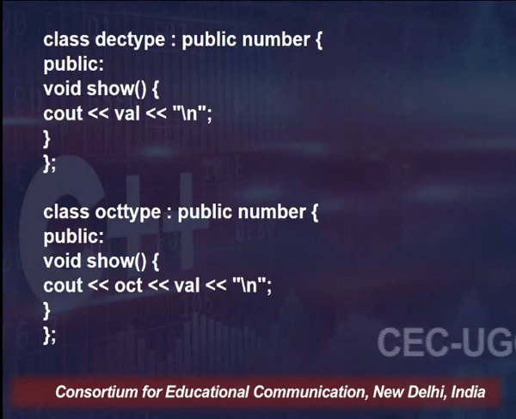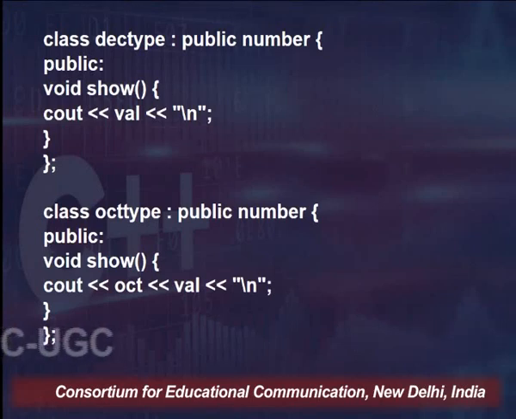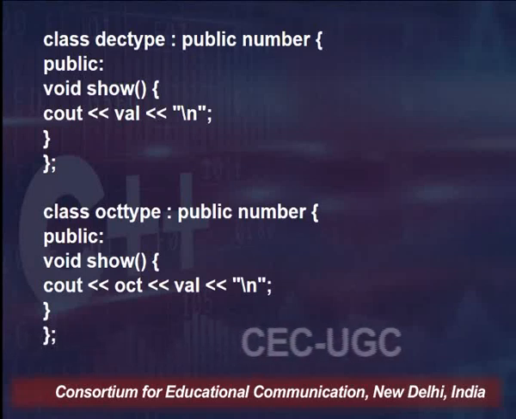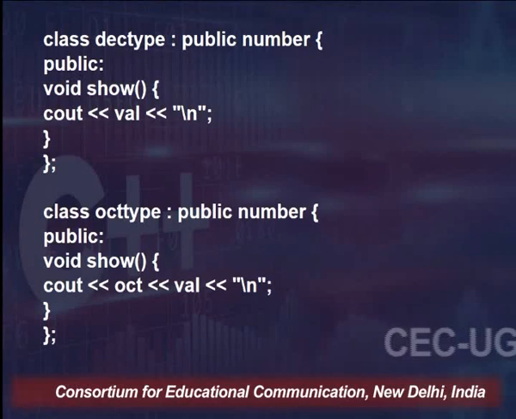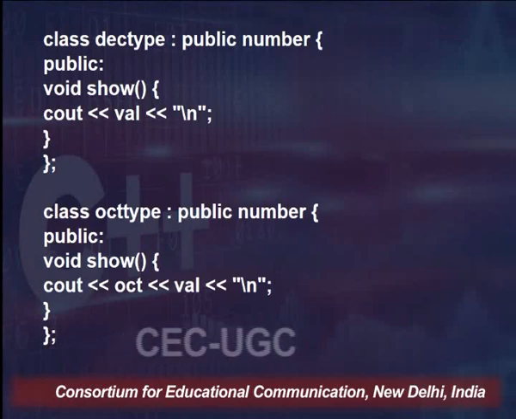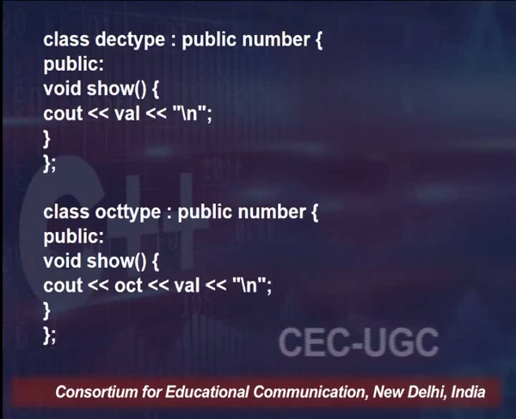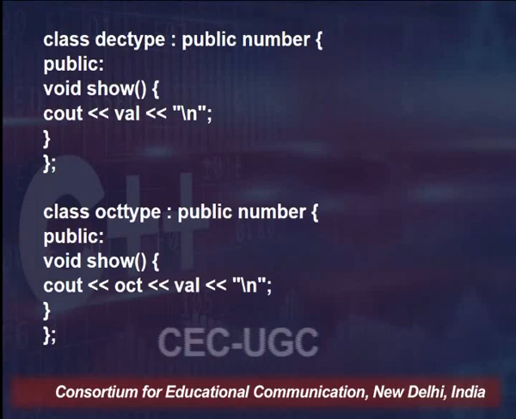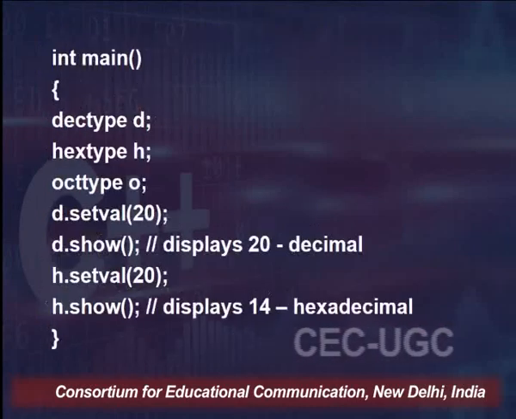Then we have dec type, which also inherits the class number in public mode, also redefines show, and shows the value in the normal decimal form. Then we have class oct type, again inheriting the number base class in public, and void show giving its own definition here as well.